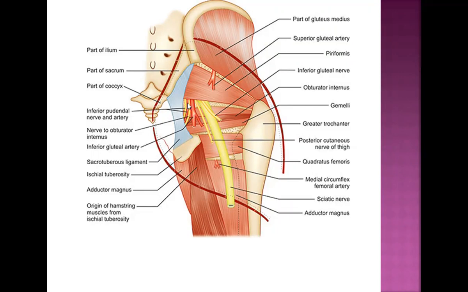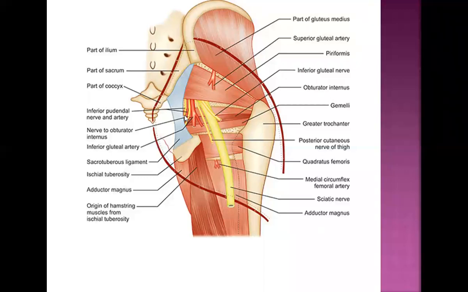Also look here, medial most, this ligament between the sacrum and the ischial tuberosity is called the sacrotuberous ligament. Can you see, related to the sacrotuberous ligament, there are three structures. As an acronym, we call them the PIN structures, that is the pudendal nerve, the internal pudendal artery, and the nerve to obturator internus.